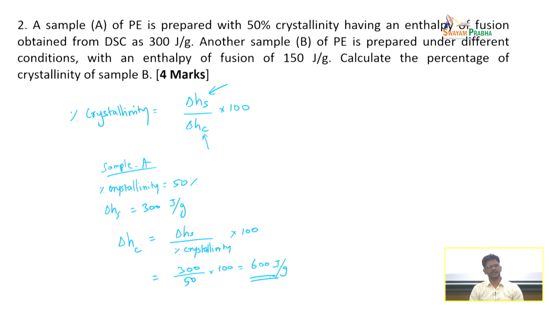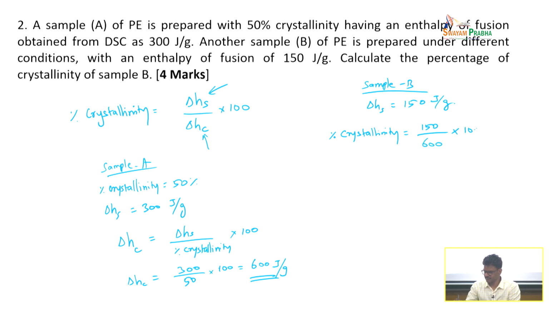So based on the data given for sample A, you can get the 100% crystalline material's heat of fusion, and using this you can go to sample B. Sample B, what is given is delta Hs, and this is 150 joules per gram. So for this sample, percentage crystallinity is 150 divided by 600 into 100. So that is basically 25%.